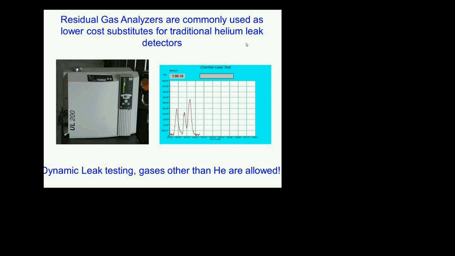Residual gas analyzers are great not only because they have a sensitivity that is comparable to a helium leak detector and sometimes exceeding it, but also because they allow you to do the measurement without having to change the vacuum system, and also allow you to do the measurements while you're actuating valves, while you're moving things around, what I call dynamic leak testing, which might allow you to detect leaks that only happen when certain actions are happening inside the vacuum system.